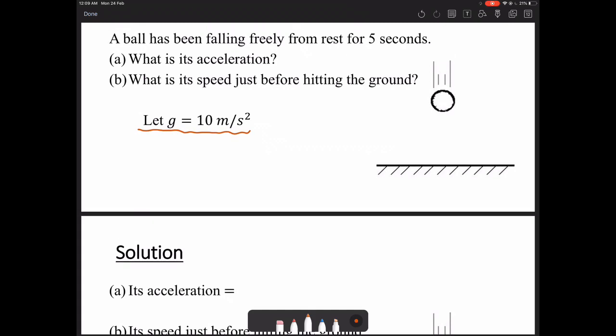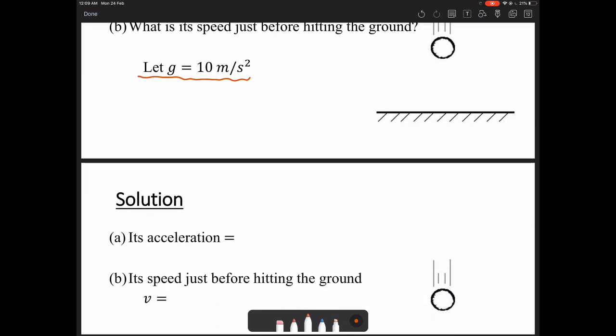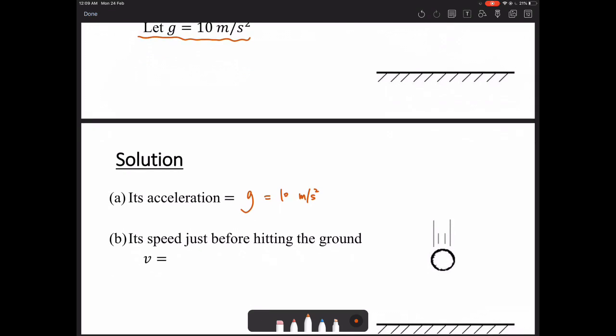Since this ball has been falling freely, that means this ball is in free-fall motion. Then its acceleration must be small g, and small g is 10 meters per second squared. B, its speed just before hitting the ground.